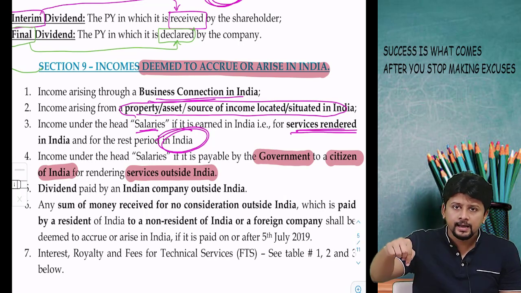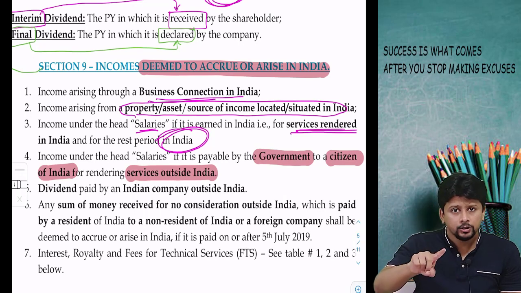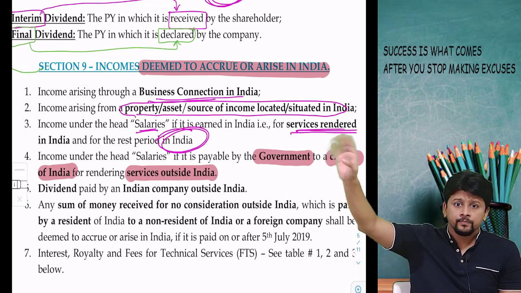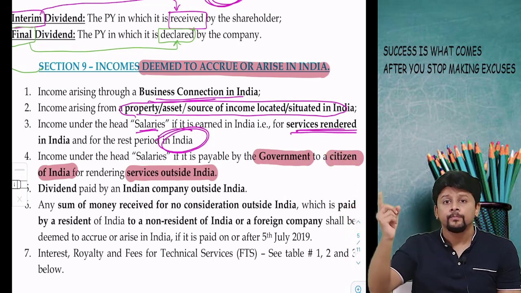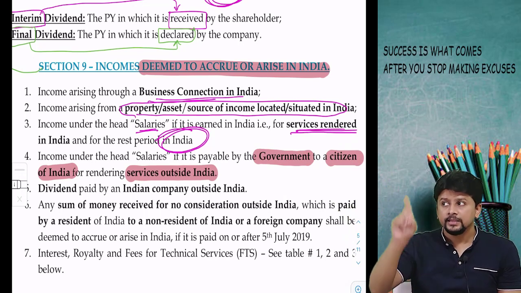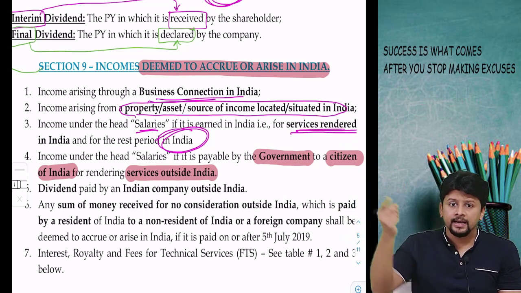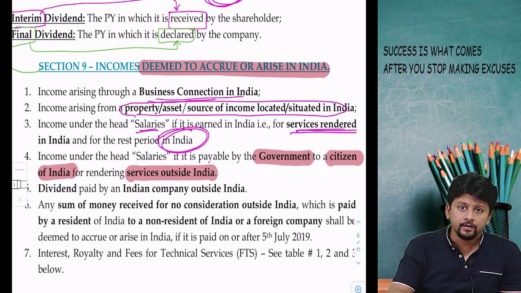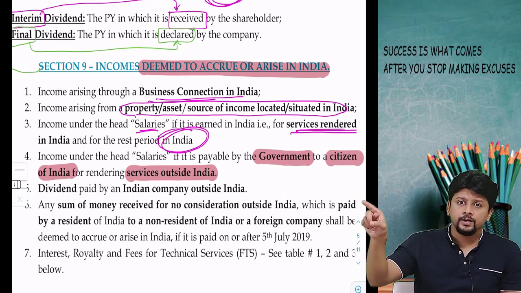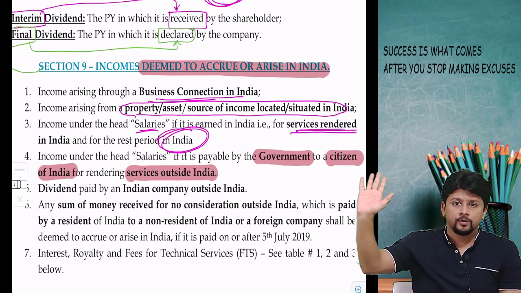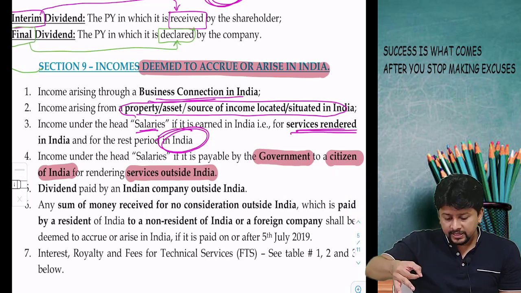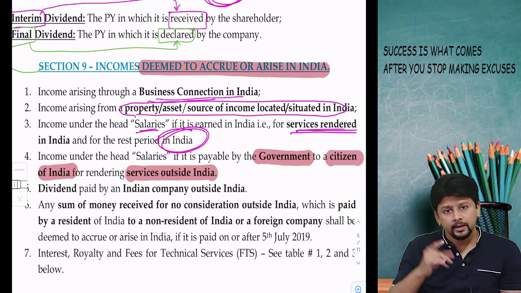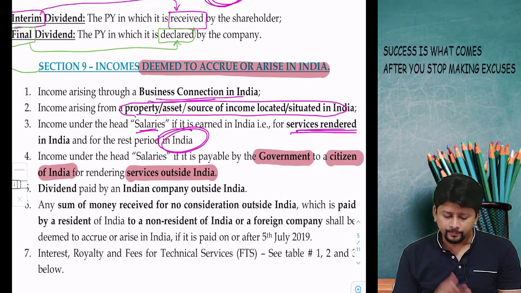So if you work in India, it accrues in India. By that logic, if you work outside India, it accrues outside India, yes. But section 9 says that if you are working outside India and the salary is paid by government to a citizen of India, then even if you are working outside India, does not matter, it is deemed to accrue in India and so you will have to pay tax.